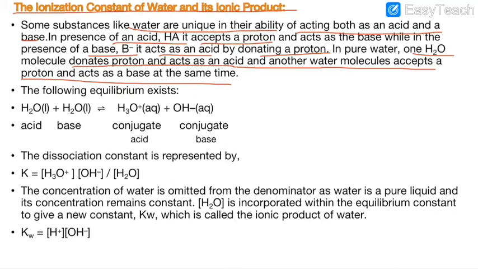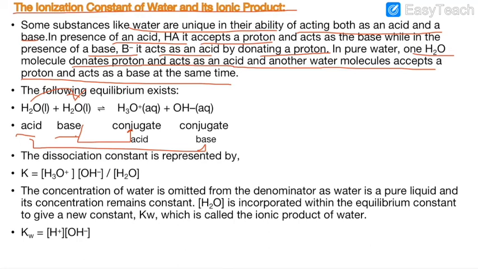The following equilibrium exists in this condition. H2O will act as an acid as well as a base. One H2O molecule will donate a proton and convert into OH minus. These are the conjugate acid base pair, and another water molecule will accept that proton and act as a base.